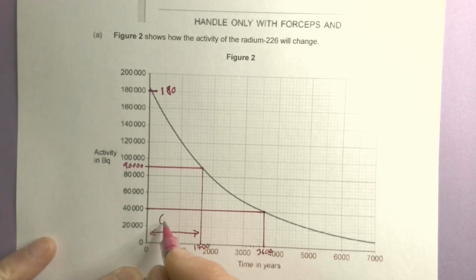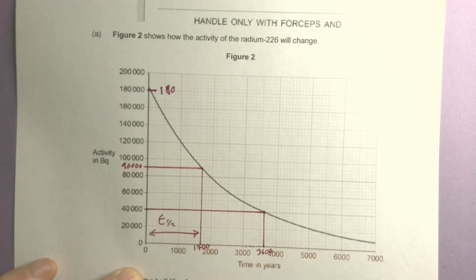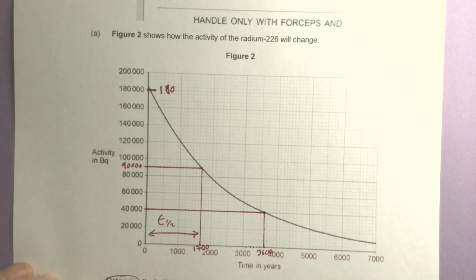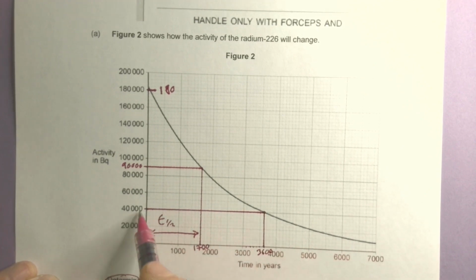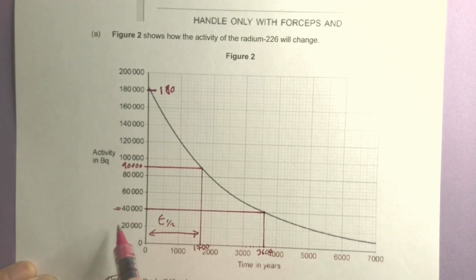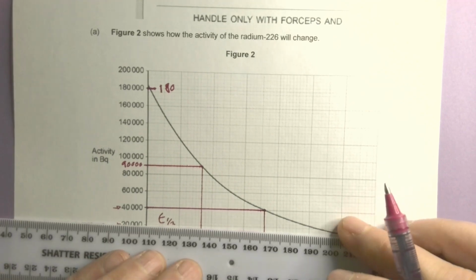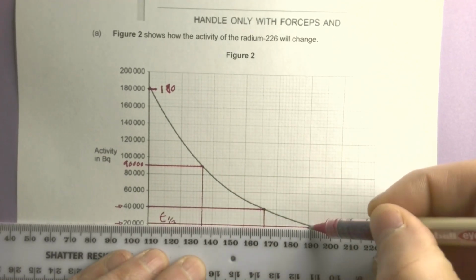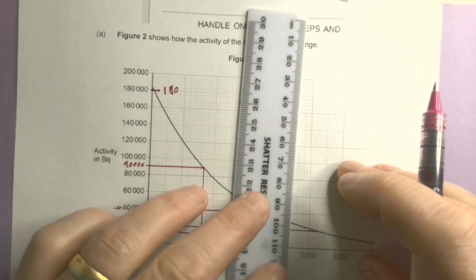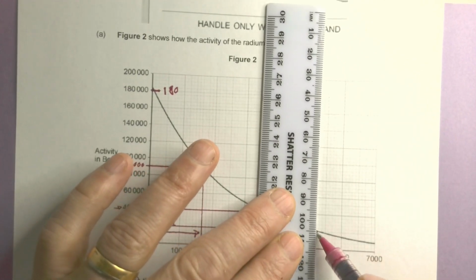Half-life, remember, has the symbol T half, so 1,700. I'm expecting another 1,700 later to hit half of 40,000, so that's 20,000. Let's just see where that line takes us. To there, and we'll draw a line down there.